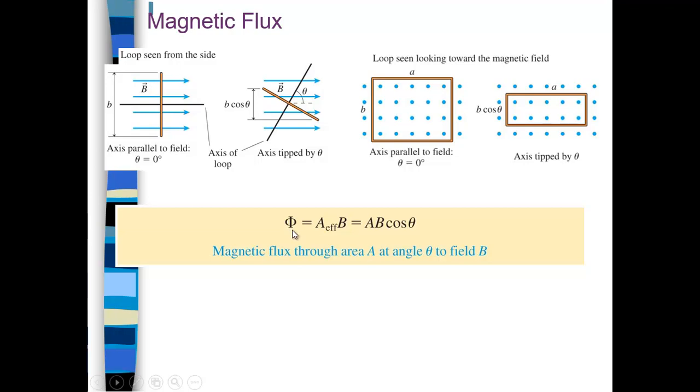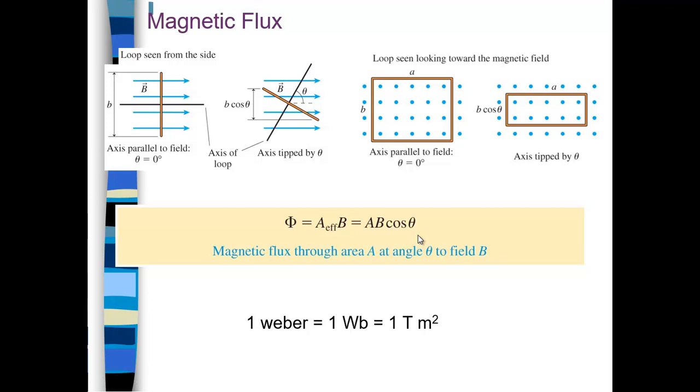So the magnetic flux at any angle theta is just your effective area. This is the area of your loop, times your magnetic field, or A, your area of your loop, times B, your magnetic field, times cosine theta.